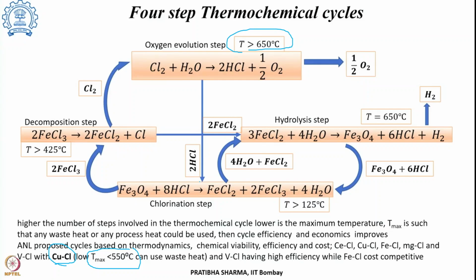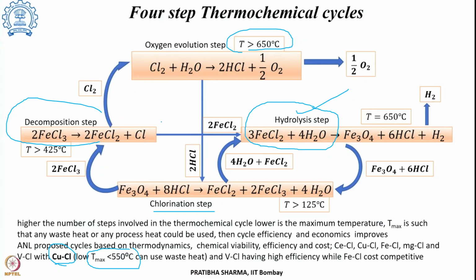First, this is a very simple reaction process. First is the chlorination step. Here is Fe3O4 plus HCl. It will react and produce FeCl3 and FeCl2. Okay, and FeCl2 will go to the hydrolysis step, and FeCl3 will go to the decomposition step.